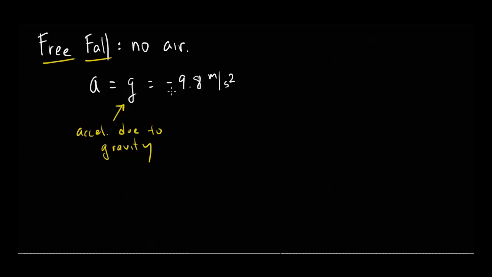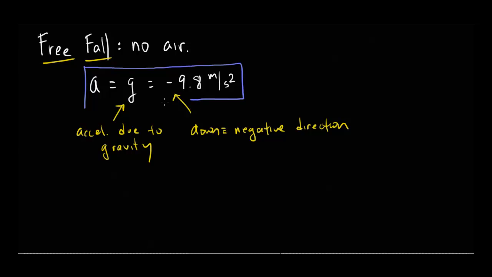The negative sign here is there because typically we define down as the negative direction. So that's the reason we throw in that negative. And so you'll frequently see in free fall equations that we'll use g rather than a.